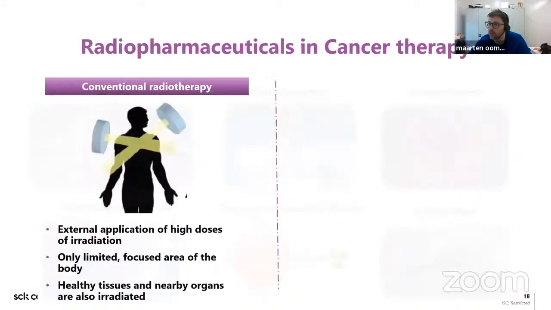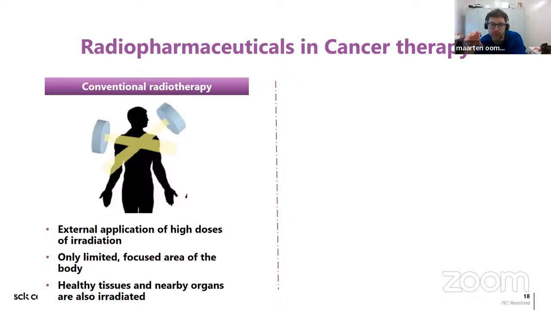So how does it work? It's often compared to conventional radiotherapy, where they externally apply a very high radiation dose. They try to target your X-rays or gamma rays as closely and as precisely as possible towards a tumor.